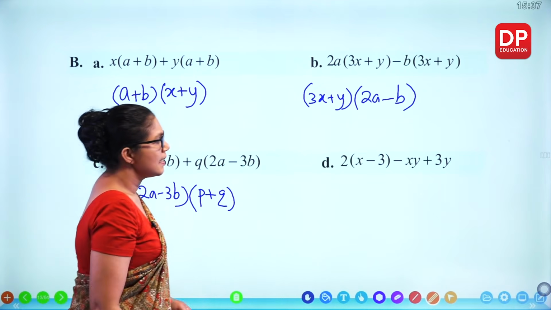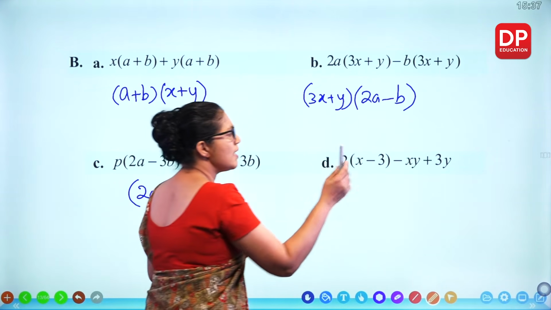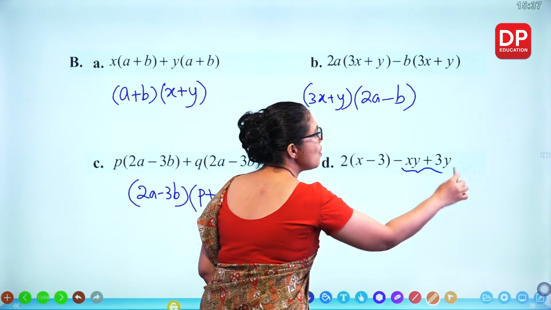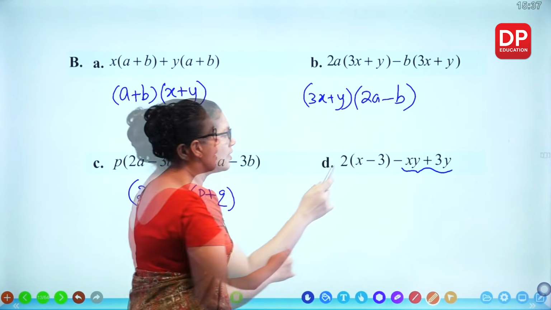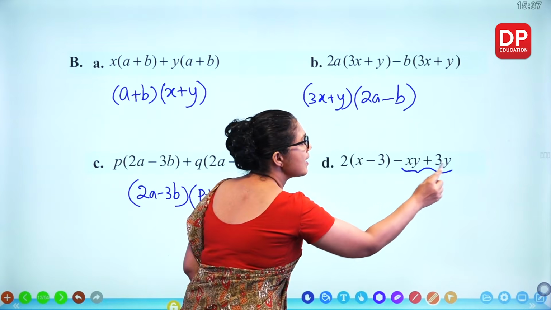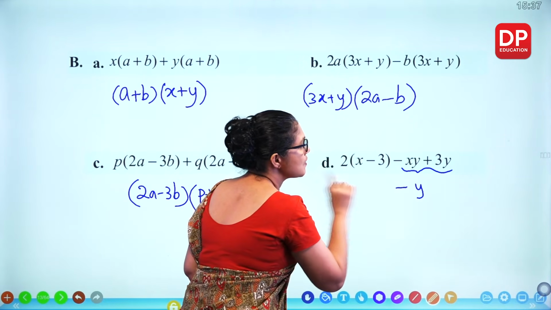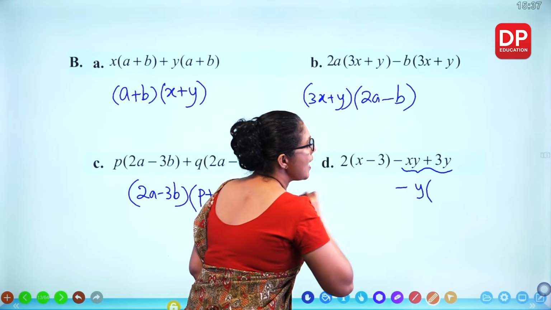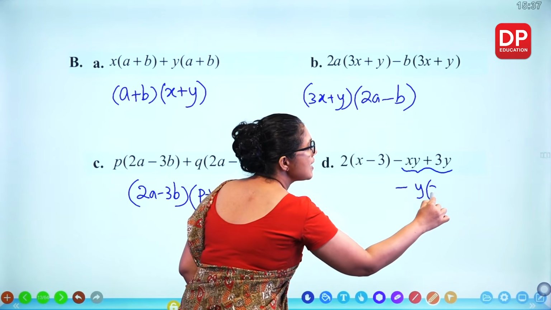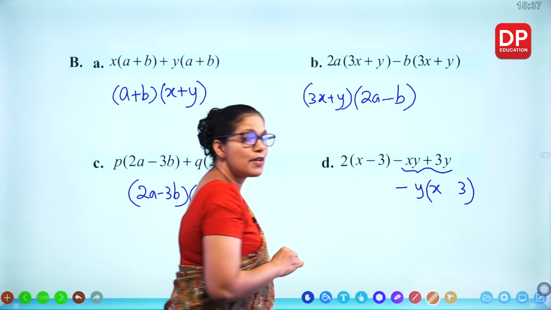Part D, here this expression is not factorized. So first thing you have to factorize this one. What are the common factors to these two expressions? I can see y is common and I'll take minus y out. So when I take minus y out, you get x and 3. What's the sign in between?